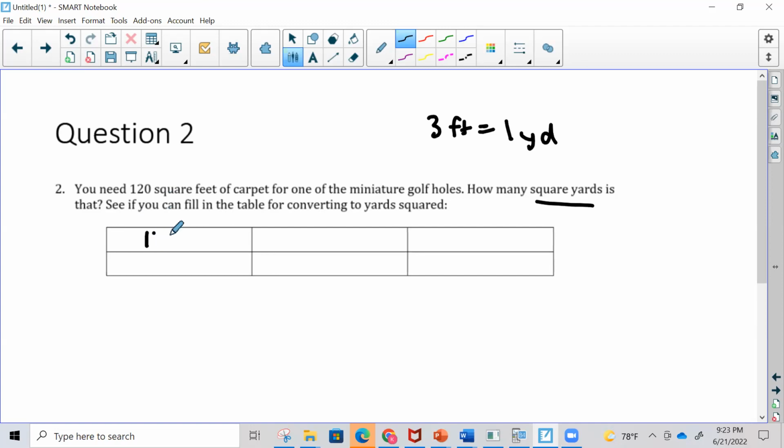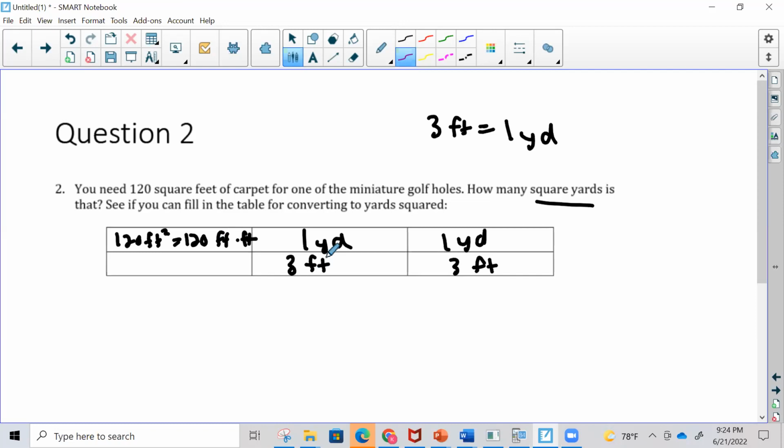Okay, so I have 120 square feet. And you can rewrite that if you want to do the chart as 120 feet times feet. Okay, I need both of these feet to cancel out, so I have to multiply this by this conversion factor twice. I want the feet to cancel, so the 3 feet has to go in the denominator both times, and the 1 yard in the numerator.